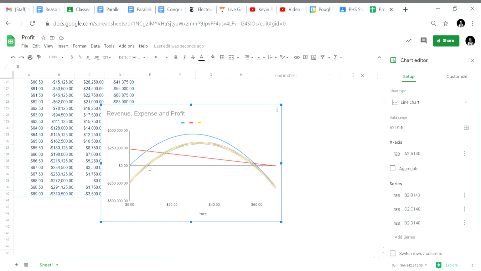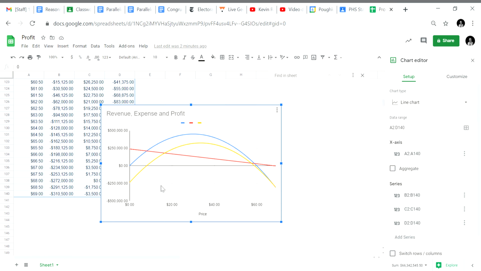Same thing over here. Where they intersect is going to be 0 profit. And you can also notice to the left of this break-even point expense is greater than revenue, so you're losing money. Your profit equation is below 0, so you're actually losing money.